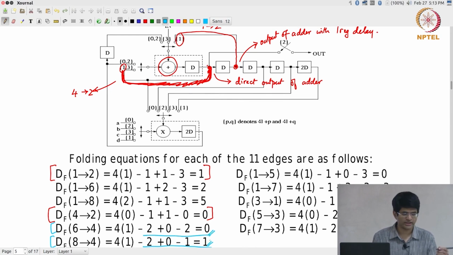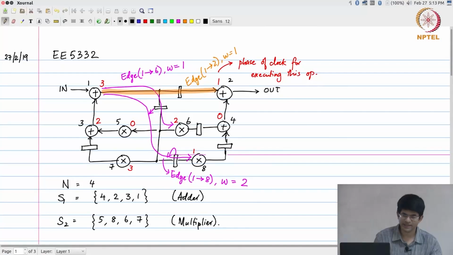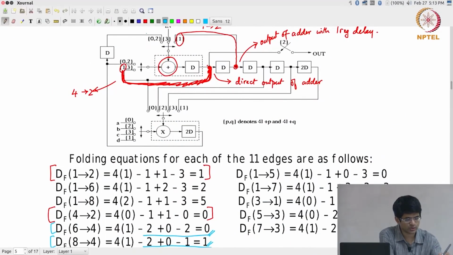So in terms of the hardware, what does that mean? It means that at what time instant was 4 scheduled? At time 0. So let's go look at the inputs to the adder at time 0. This is one, this is the other. Where do those edges come from? This one basically comes with one extra register out here from the output of the multiplier, whereas this one comes directly from the output of the multiplier.